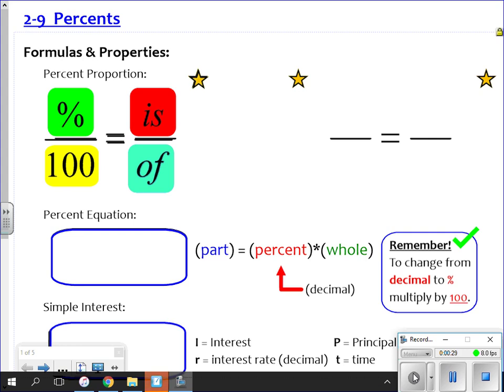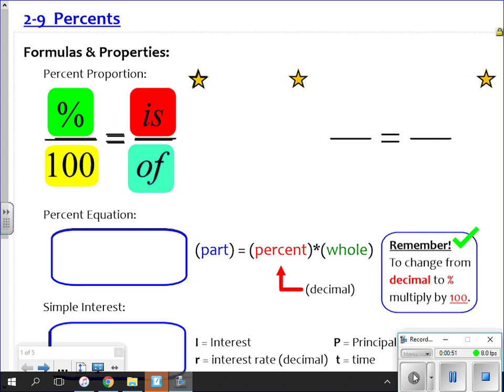The percent as a percent, not as a decimal, over 100 equals the is part of your equation over the of part of your equation. We will be using this. We'll be setting it up like this for essentially every problem. That's what we're going to do.